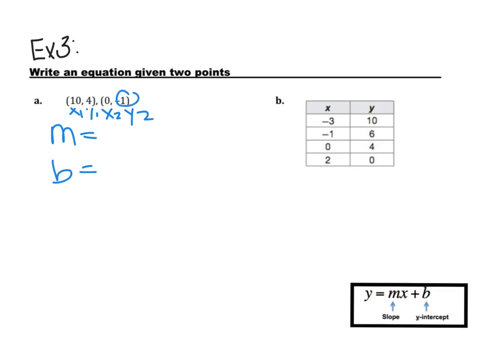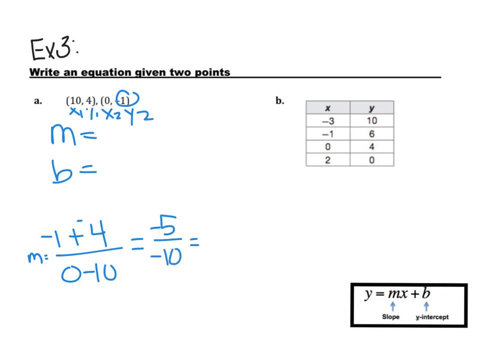I'm going to take my -1, put m equals -1 minus 4 all over 0 minus 10. So I have -1 minus 4, or plus -4, is -5. And then I have 0 minus 10 is -10.